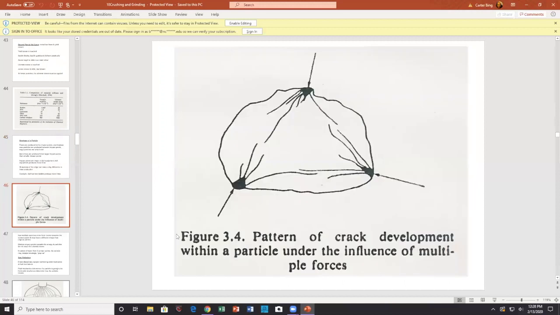We have our famous picture, which I like a lot. Very simple picture, can be very useful in explaining things. Again, with 3 contact points, there's the fines area. Or if I have 10 contact points, then I have abrasion rather than breakage across the particle. I have attrition along the perimeter.